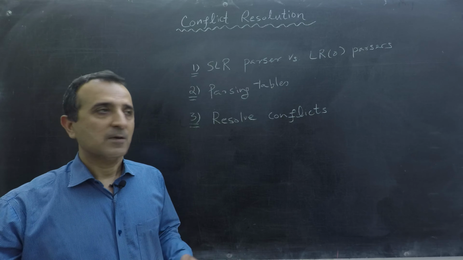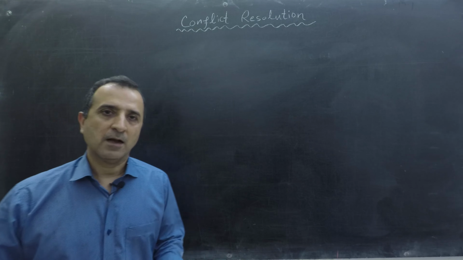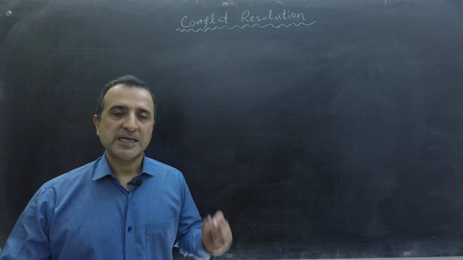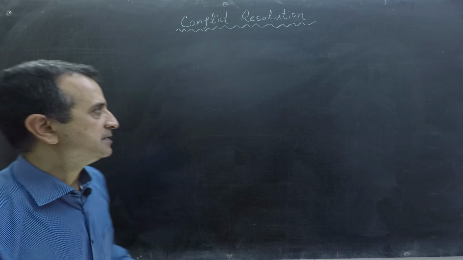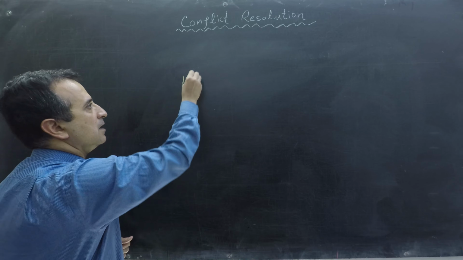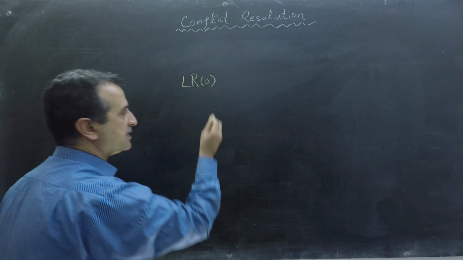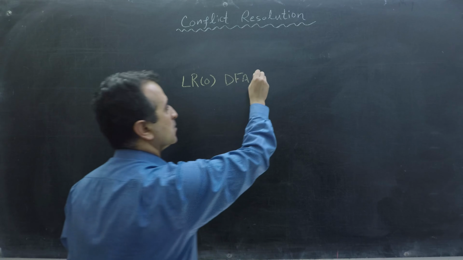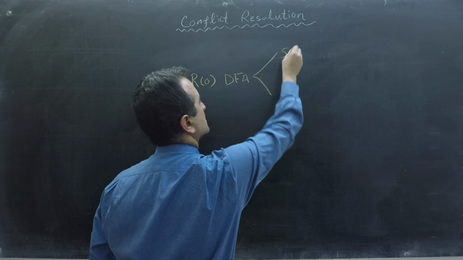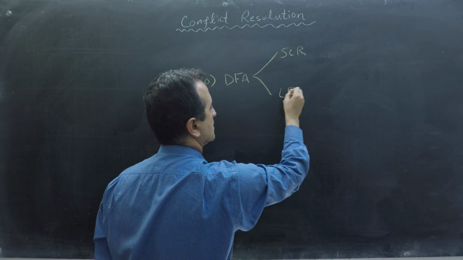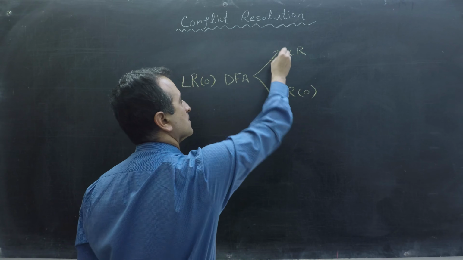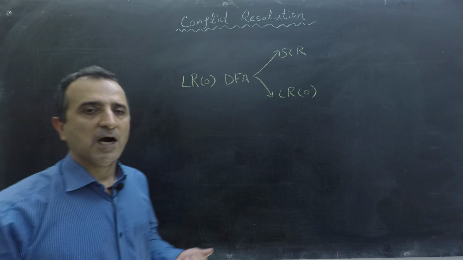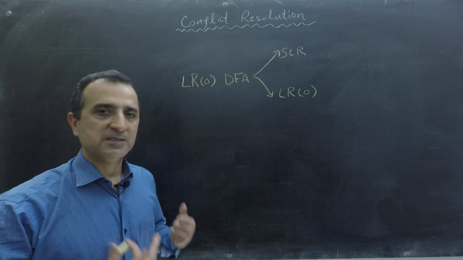So let's start. Both SLR and LR0 parsers are based upon the same automaton. That means the LR0 DFA is used by both of those parsers. However, in SLR, our conflict resolution strategy is better.